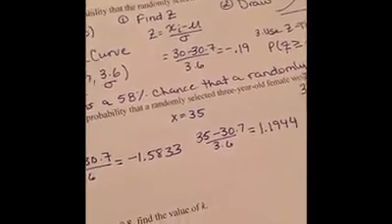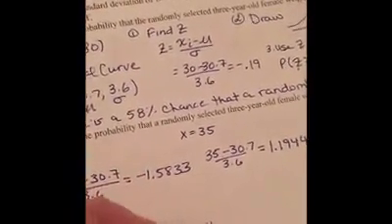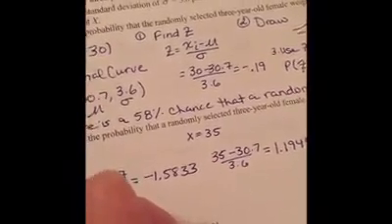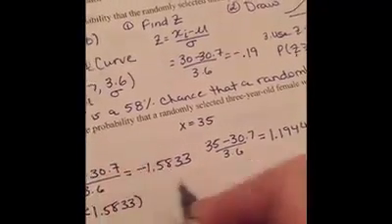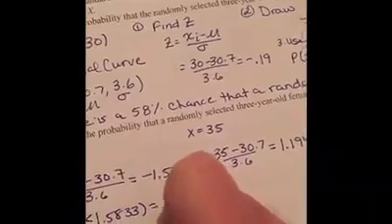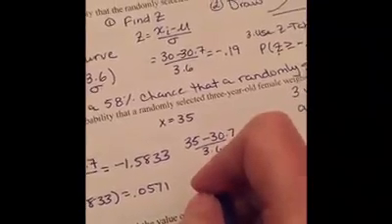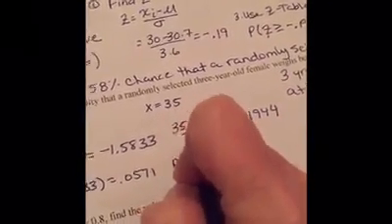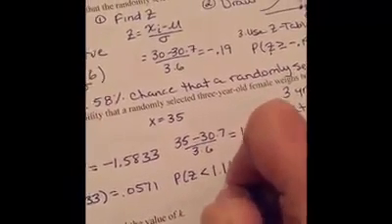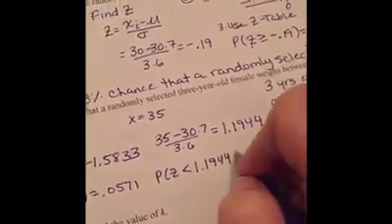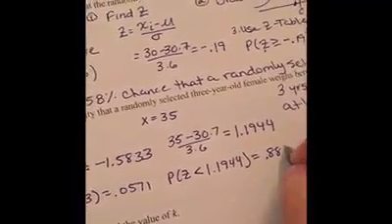We look those up on the table, and we find that where z is less than negative 1.5833, on the table it says 0.0571, and for z being less than 1.1944, we look it up on the table and we find that its value is 0.8830.